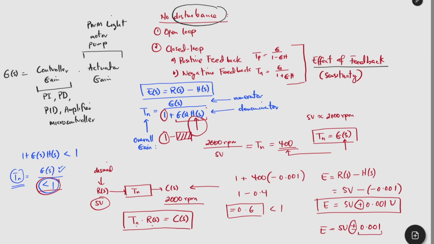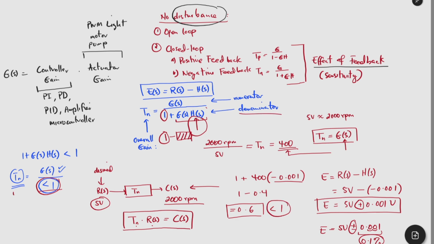If it has to be a percentage error, we have 0.1%, which is the error that is occurring in the system. Now we can see that this 0.001 is the feedback from the output, which can tell us that the system with the denominator will be less than 1.